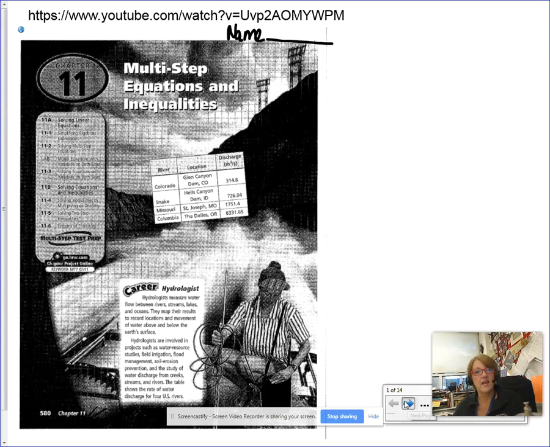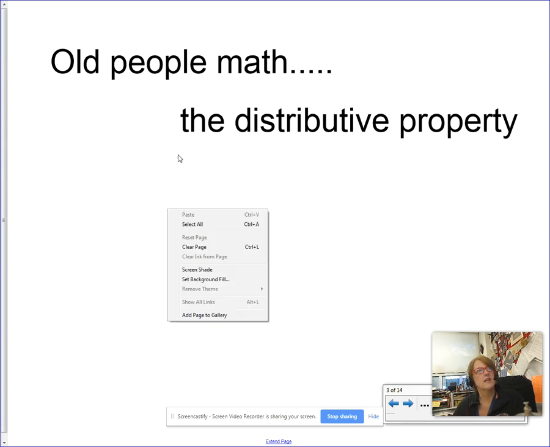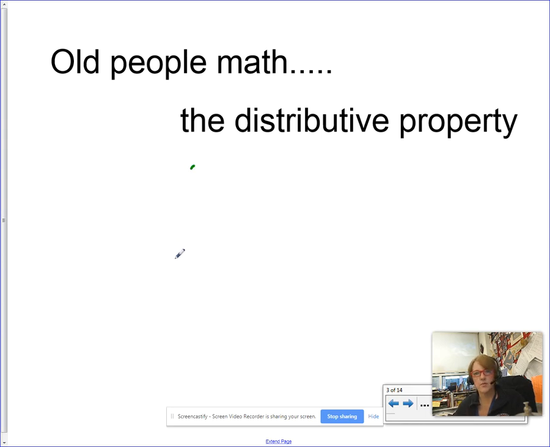All right, then turn it over to this first page, and I'll stop and pause you for a minute and say, do you remember when earlier we talked about the distributive property? So something like this. I call it old people math because let's say that I am going to buy 7 items and they are $2.98 each.